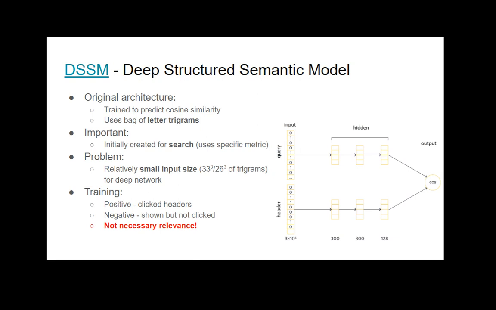And this does not necessarily lead us to relevance, because of course, if you open any search engine now, you see that there are more relevant documents, less relevant documents, practically relevant, and totally relevant documents. That means it can happen that a document which was relevant, just the second most relevant, is considered as a negative example. And this is not actually solving the problem they wanted to solve, to rank by relevance.